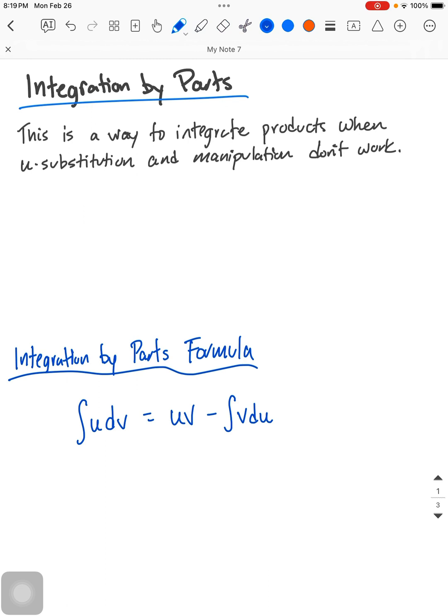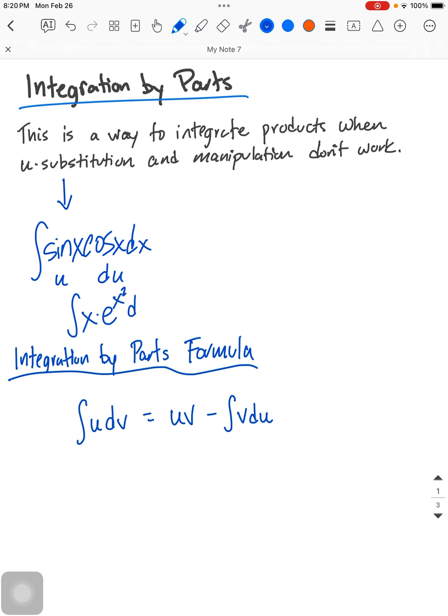So a couple techniques we've talked about is U sub. And this is an integral of a product. But if you choose u and du, you can integrate that. Another one would be x times e to the x squared.